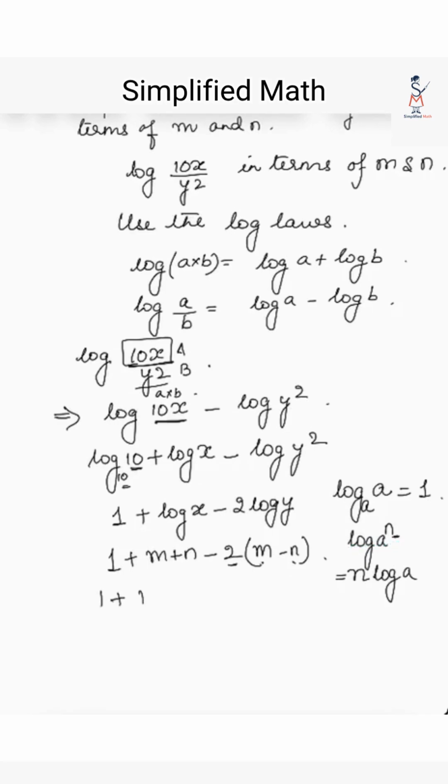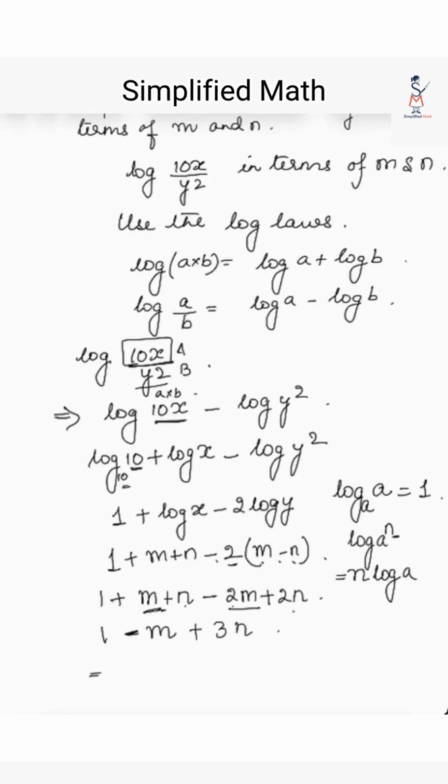So 1 plus m plus n minus 2m minus minus plus 2 into n, 2n. So this is the case. 1 will be 1, m plus m minus 2m, so from 2m, m cancels out, then it will become m, and 2 is bigger, so minus will be the sign, and plus n plus 2n will become 2n plus n will become plus 3n.